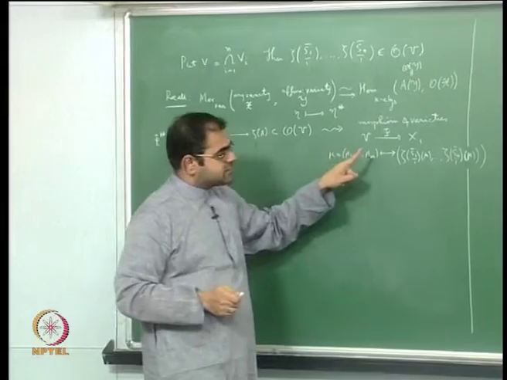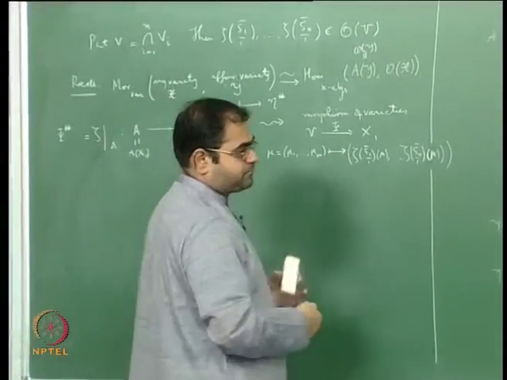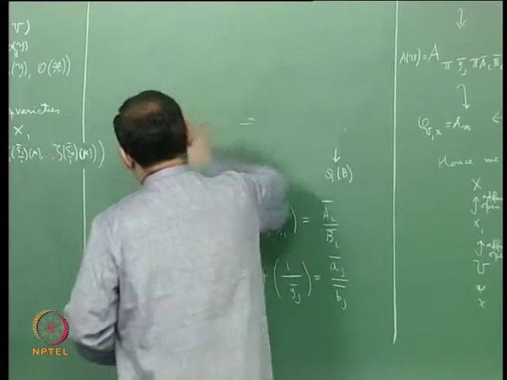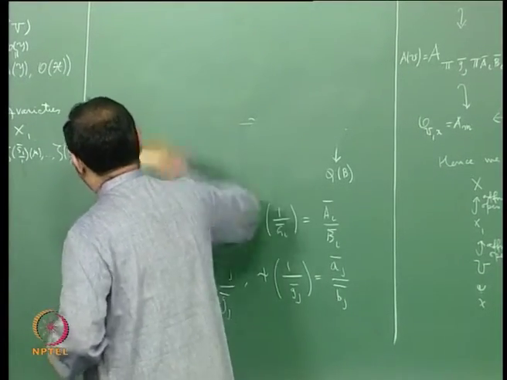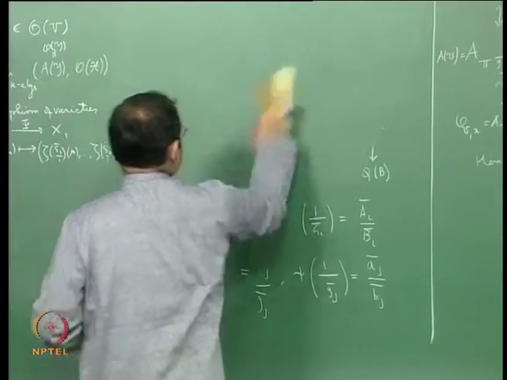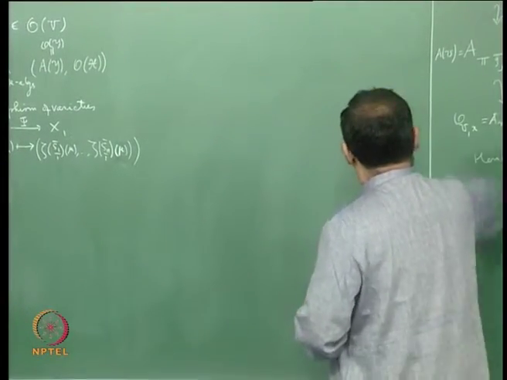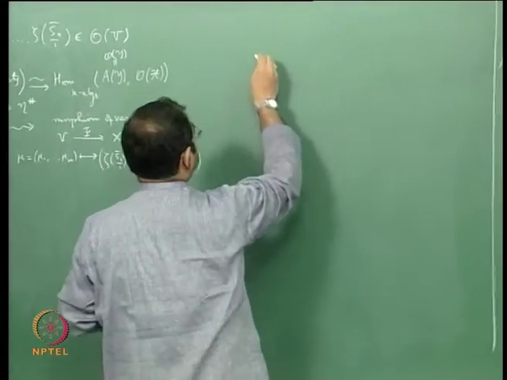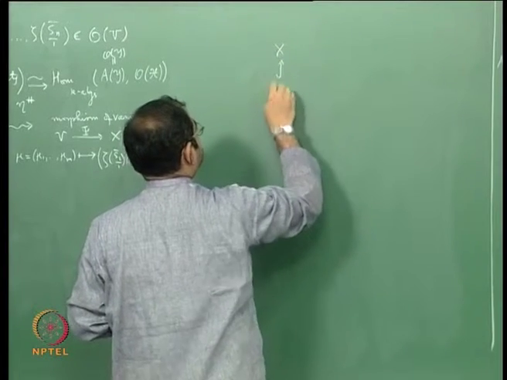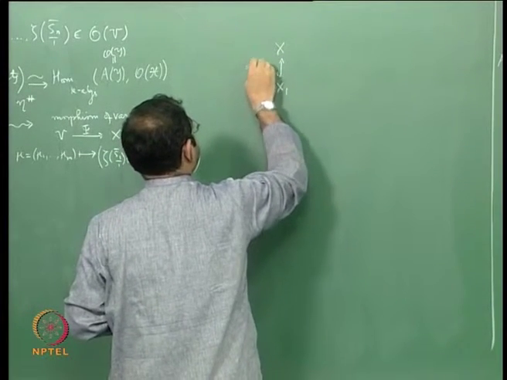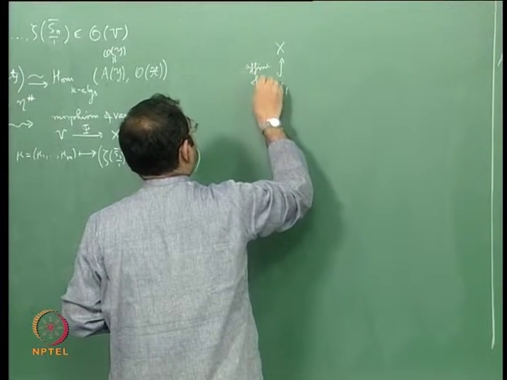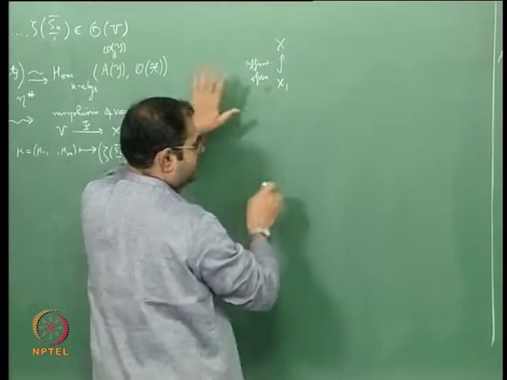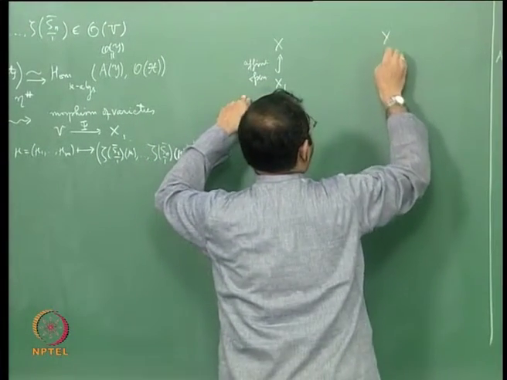So what we have done is, let me rub this diagram lest it cause any confusion. The situation is now that we have this X and this X1 which is affine open inside X, and of course we embedded X1 inside affine space, but that is not important now.